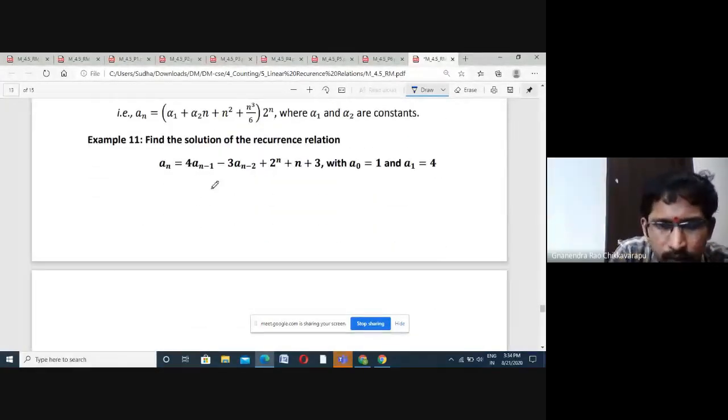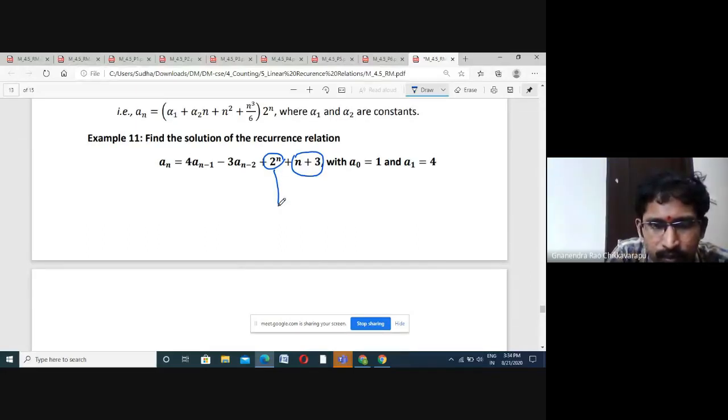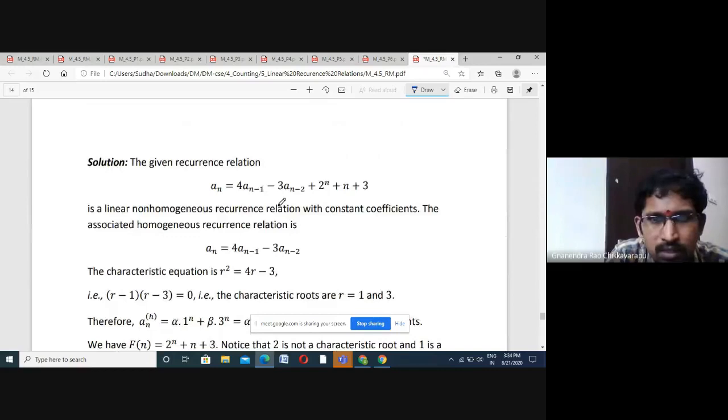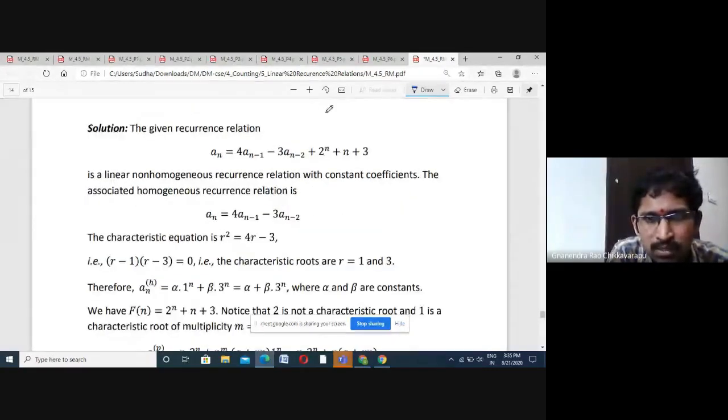Here you can see that they are in sum: 2 power n and a polynomial of degree 1. Now this is a non-homogeneous one, because the presence of this term indicates that it is non-homogeneous. Its associated homogeneous part is this.